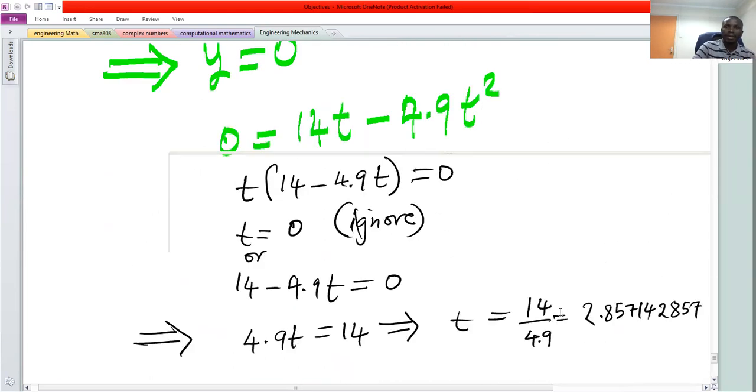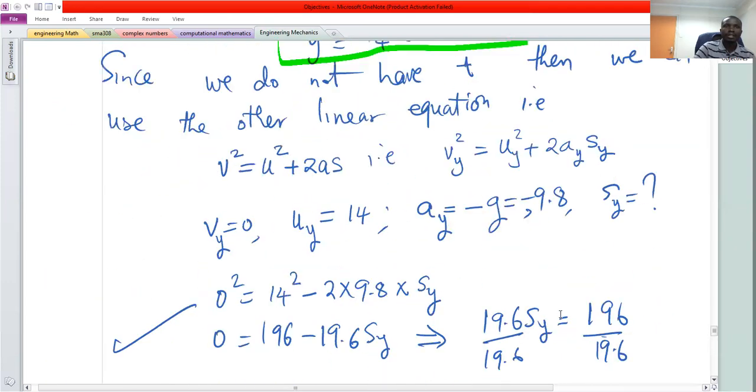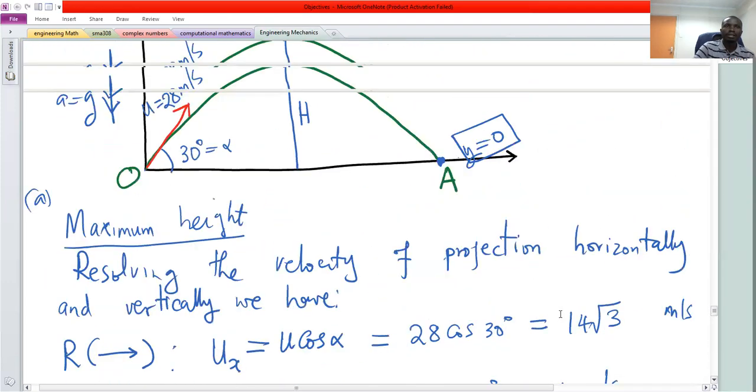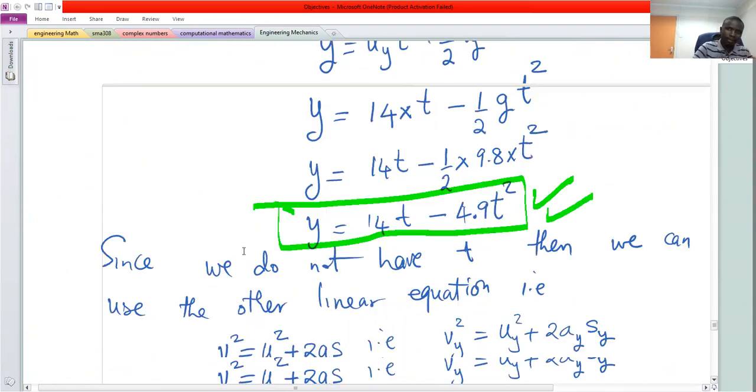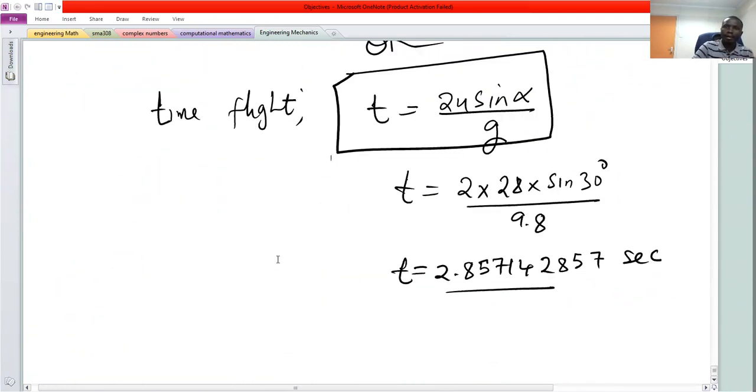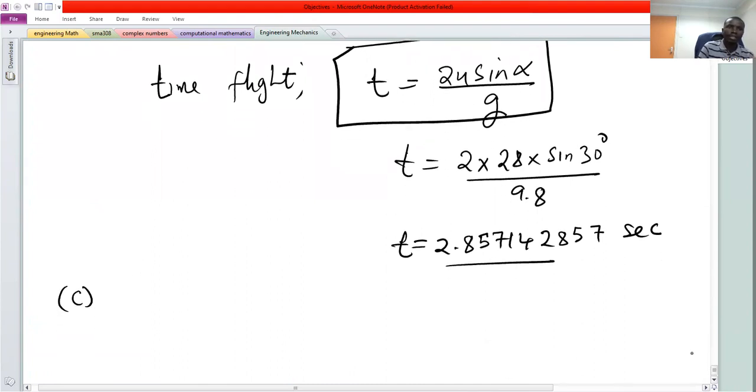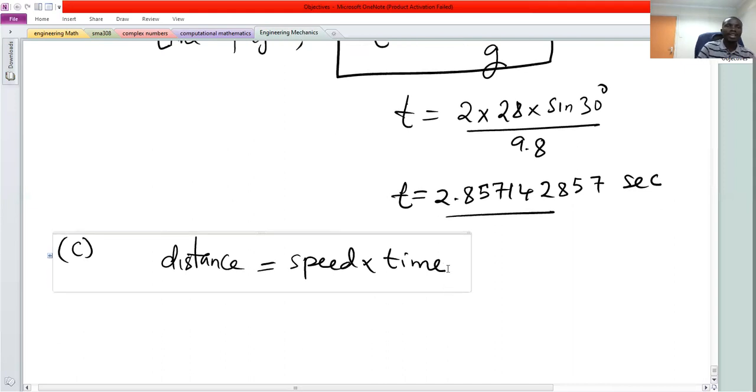And then the last part is to find the distance OA. That's the range, the horizontal distance. So part C, we know that distance is given by speed times time. And the time to move from O to A, we have calculated to be 2.857.